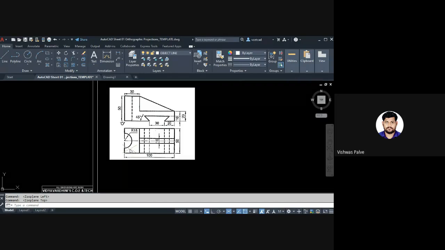This origin will help us draw the exact location of our front view, top view, or side view. I'll connect with my PowerPoint presentation also, so that simultaneously I can draw it on plain paper. I'll explain both the terminology in AutoCAD as well as on plain paper. Suppose you want to draw it on paper, how are you going to draw it?